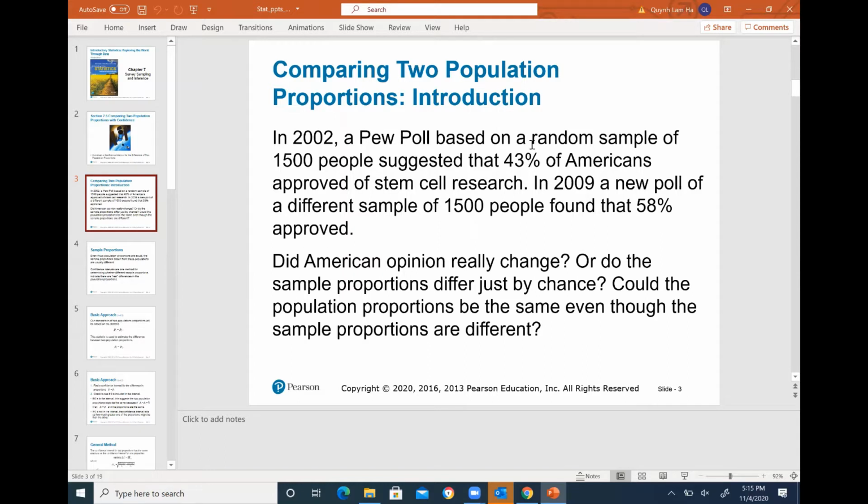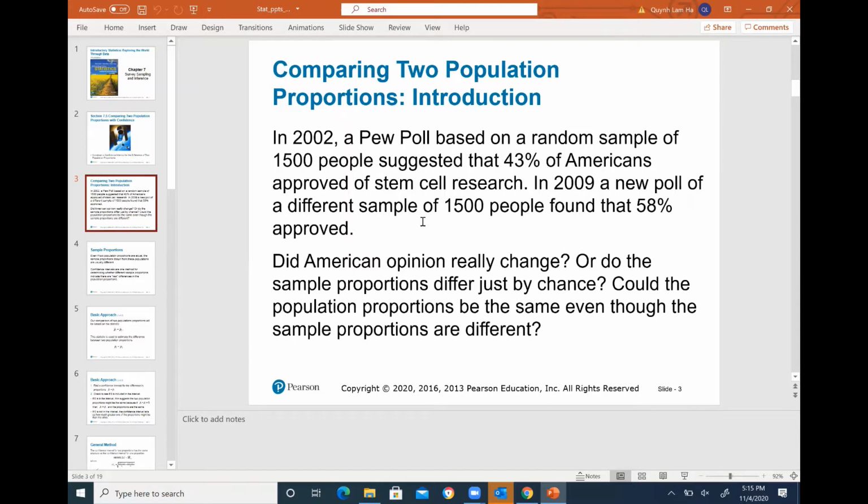So this would be the p hat in 2002, and this would be the sample n of 1,500. We have the same amount of people, not the same people, but different percentages. The question is, did American opinion really change?